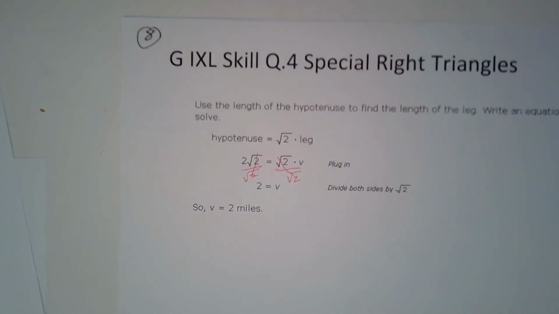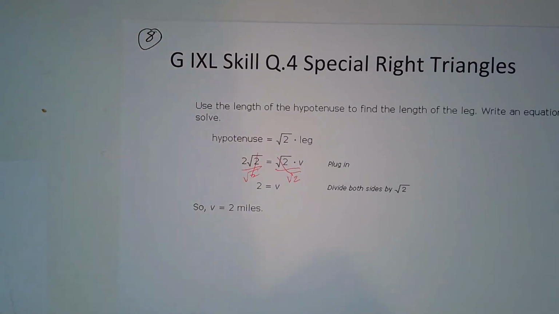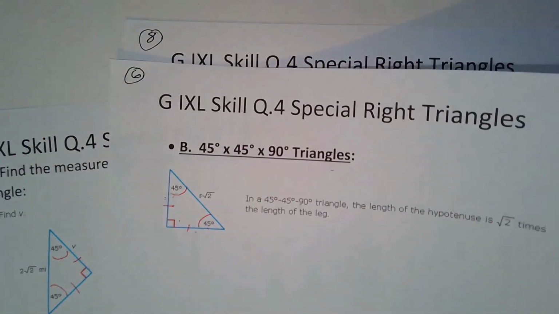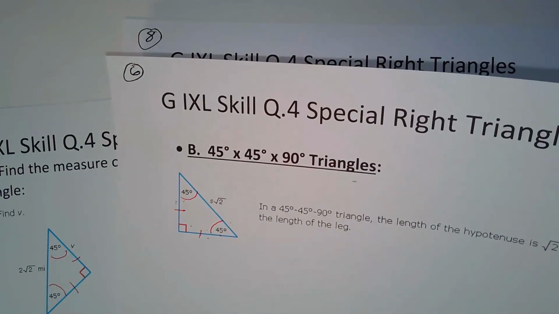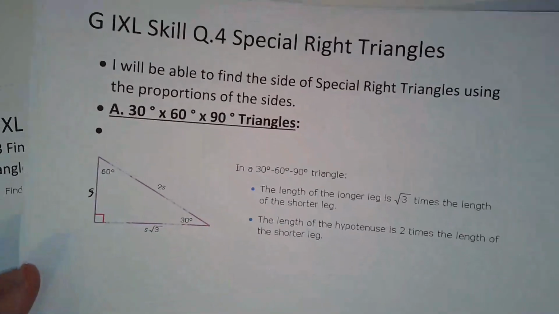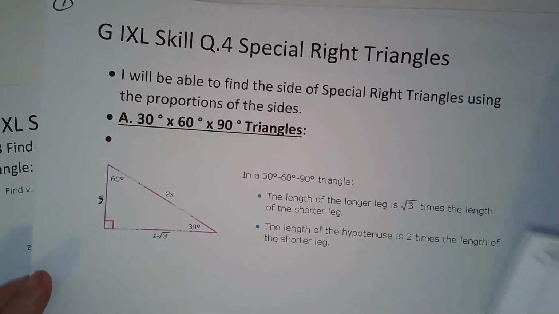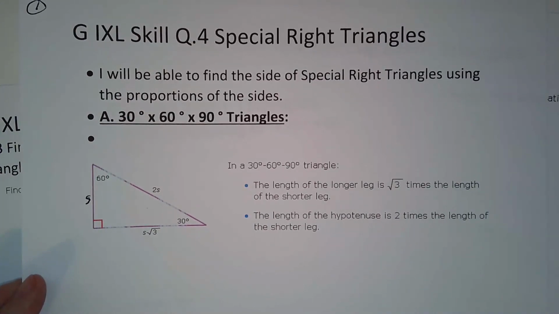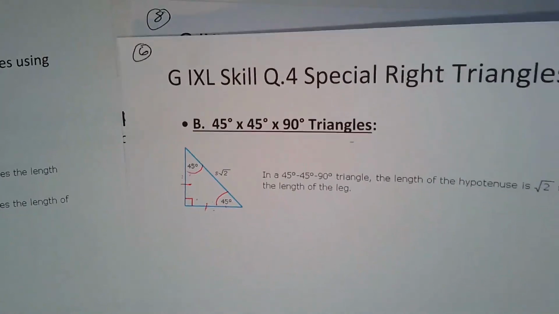Now, if I were you, I would get the rules for the 45, 45, 90-degree triangle, which is this one here. And the rules for the 30, 60, 90-degree triangle. Stop my video here and carefully write down these sets of rules so that you can compare, and then you can do these problems.